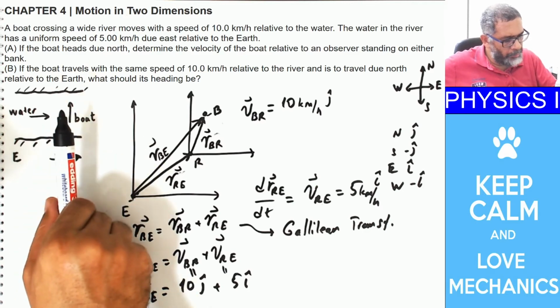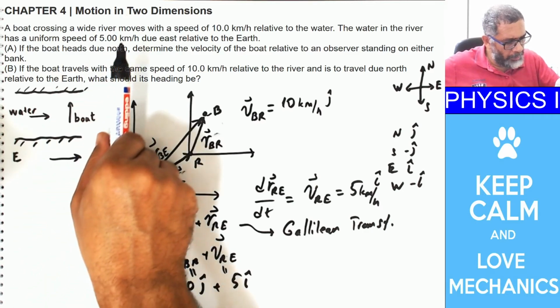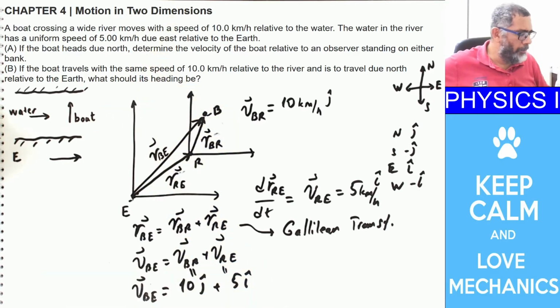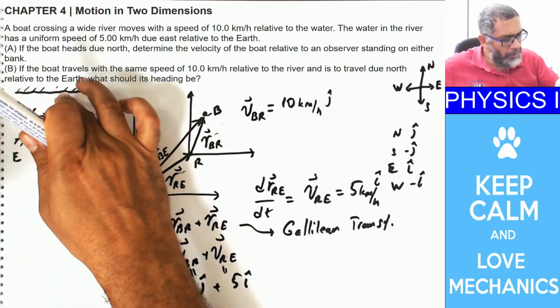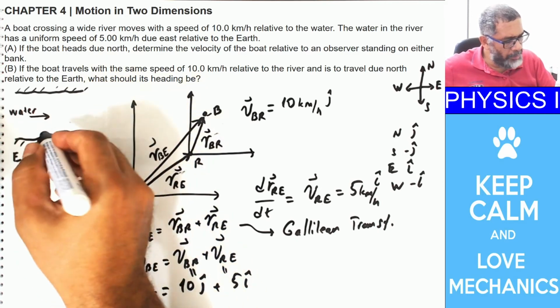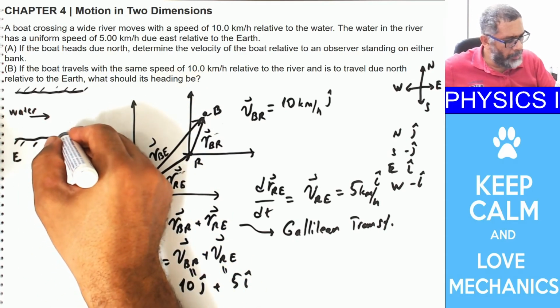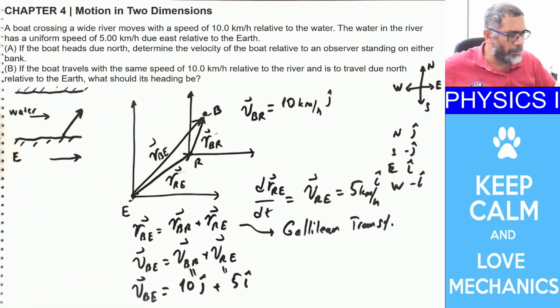Head is north, but it will be dragging like this. All right, because it's the sum of this horizontal component and the vertical component. So somebody on Earth will see that the boat is moving, if it starts, let's say, from this point, in somewhat this direction.